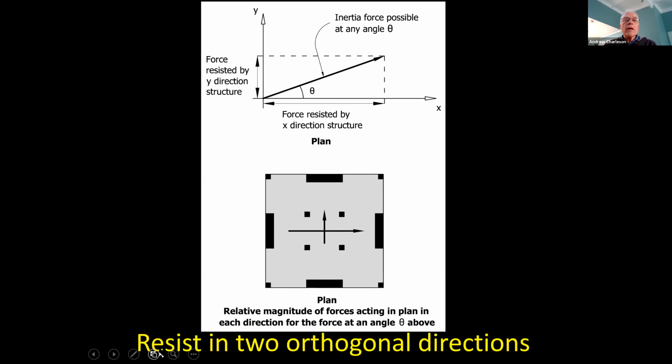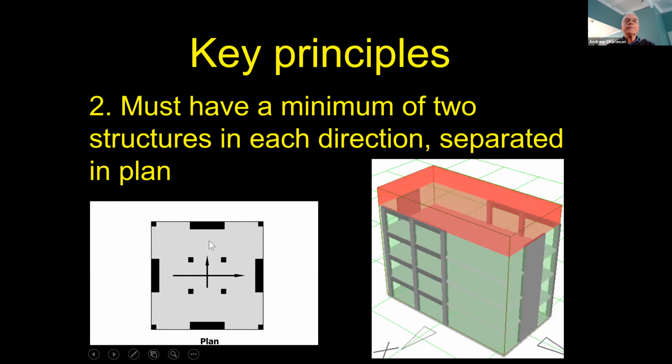So there's the summary. We must provide resistance in 2 orthogonal directions in the building plan. Then the next principle is that in each direction, we must have a minimum of 2 structures.